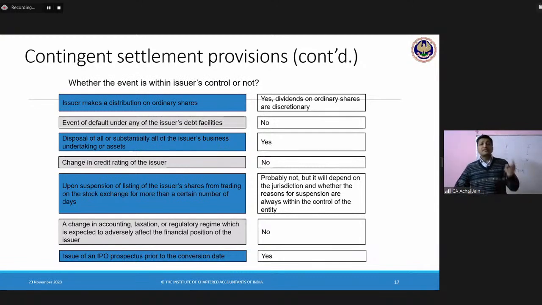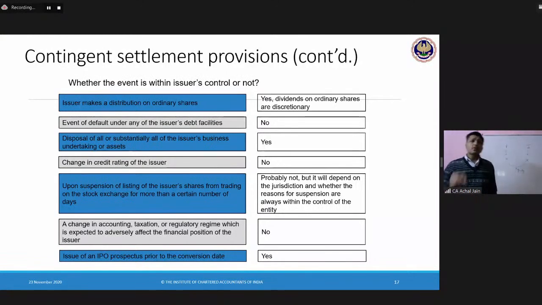But whether that IPO will become successful or not, can that be within the control of the company? No. The success of an IPO will not be in the control of the company. But yes, coming up with an IPO is definitely within the control of the company or the issuer. Okay, yeah. Clear on the meaning of contingent settlement provisions?